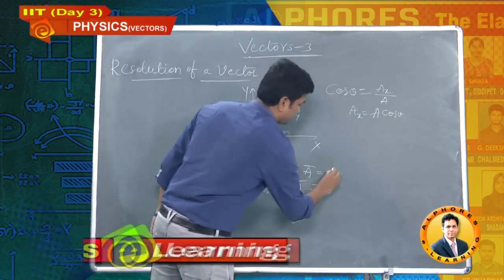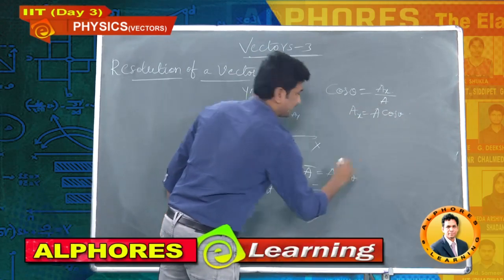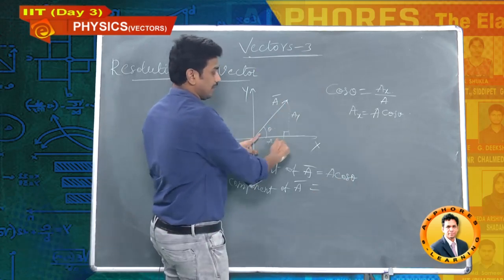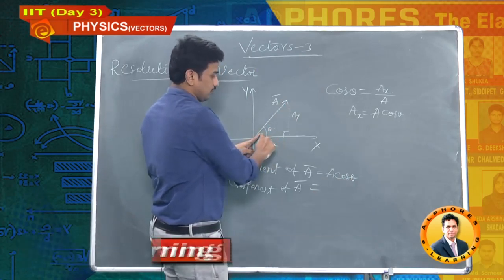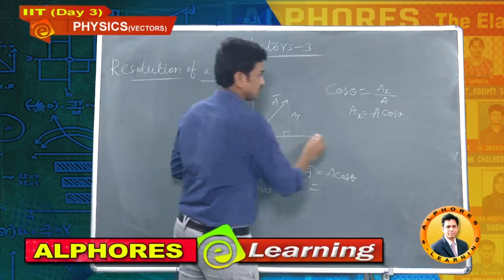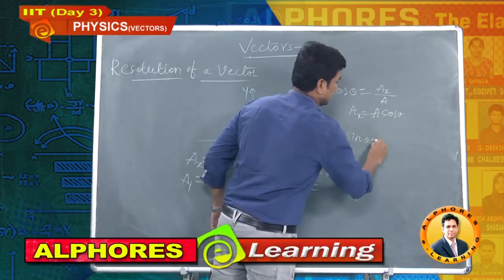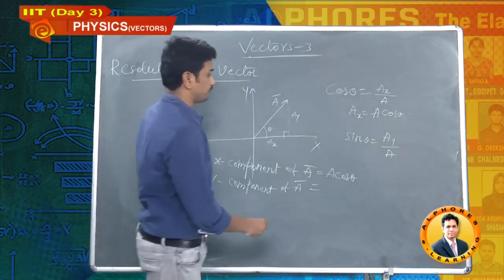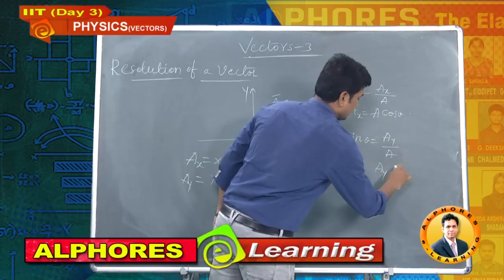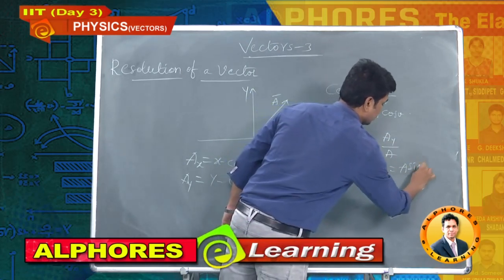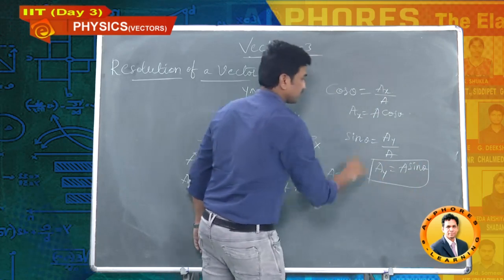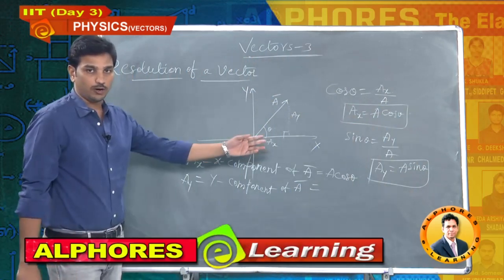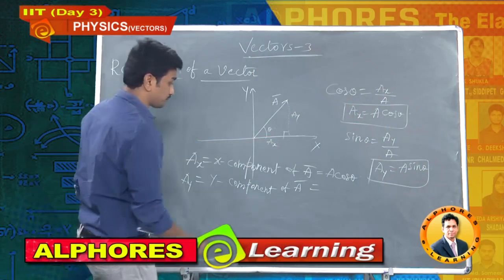Now sin theta in this triangle is opposite by hypotenuse. Sin theta is equal to Ay by A. Now Ay is equal to A sin theta. X component A cos theta, y component A sin theta.